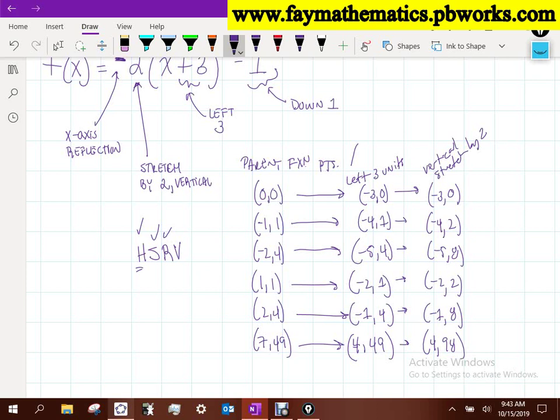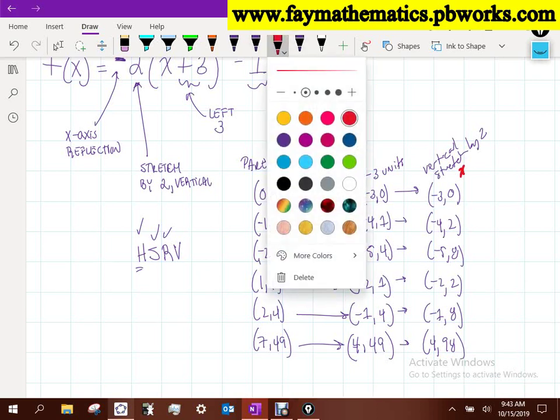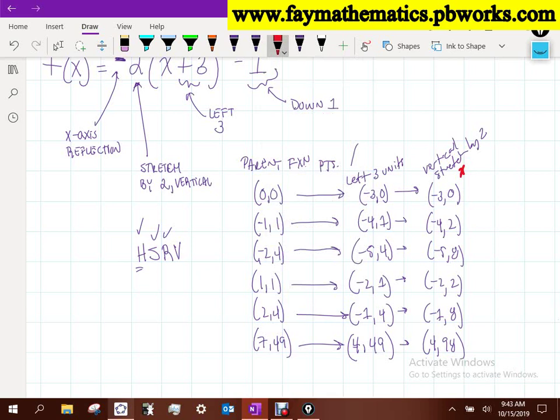So here's kind of my argument is that when you get better at these, you can save yourself a little bit of time and do these reflections and maybe the scalar multipliers at the same time. So all I've got to do is go through here and negate all of these, right? So negative 2, negative 8, negative 2, negative 8, negative 98.